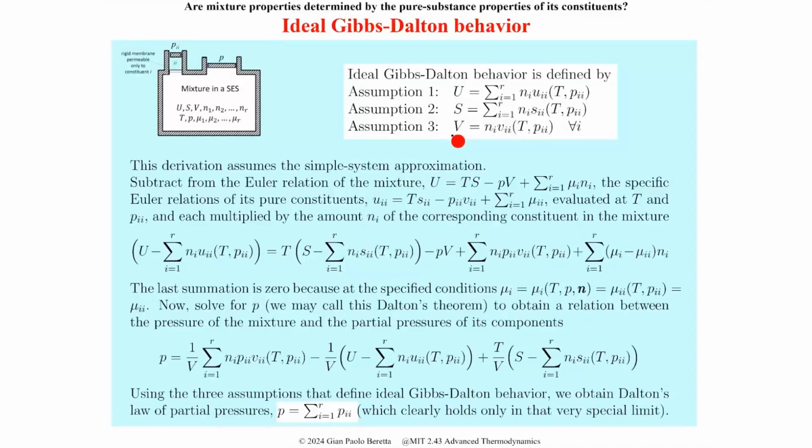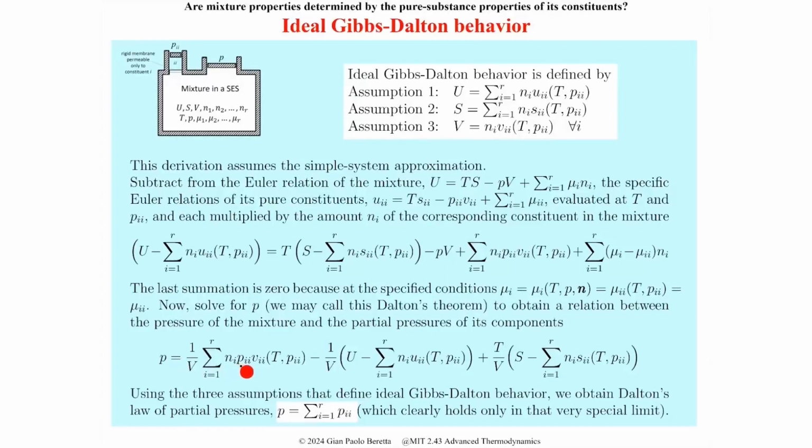But if this holds, it means that inside this summation, where every time I see Ni times Vii, I can put capital V, which doesn't depend on I. It doesn't have a subscript. So it goes outside of the summation, and it cancels with the V in the denominator.